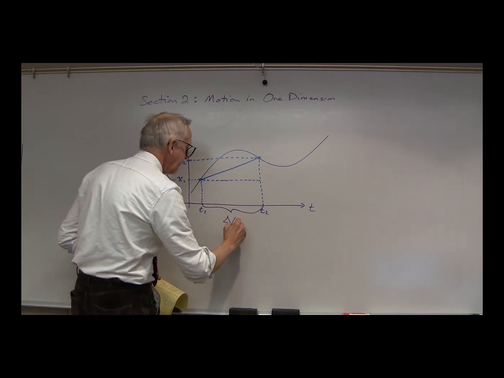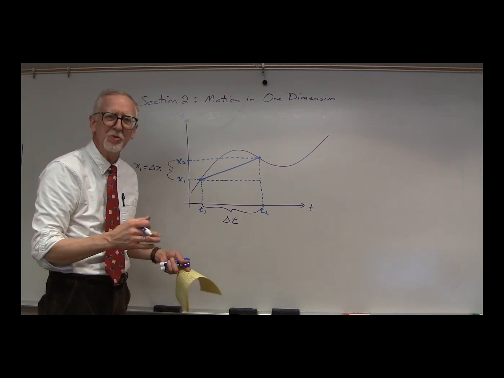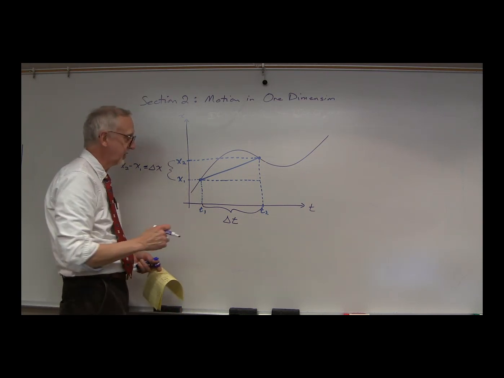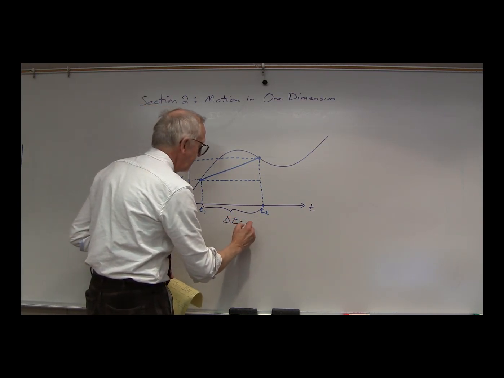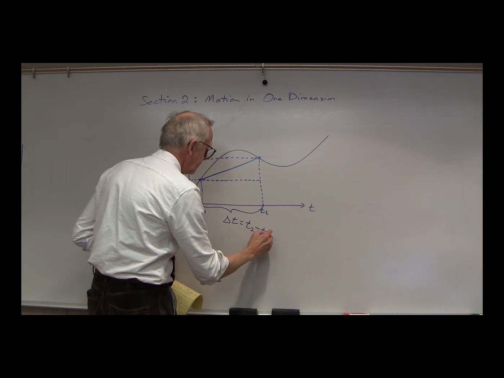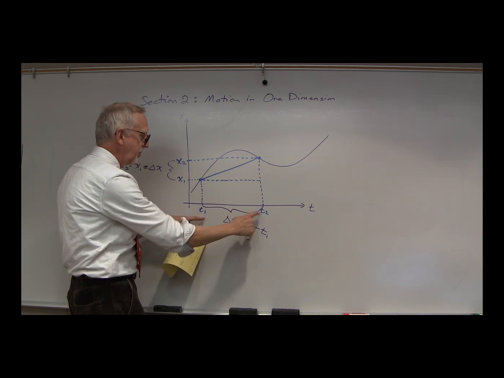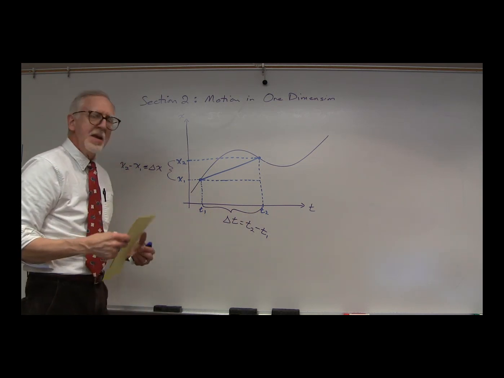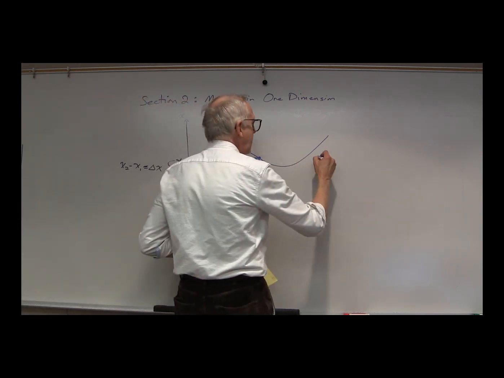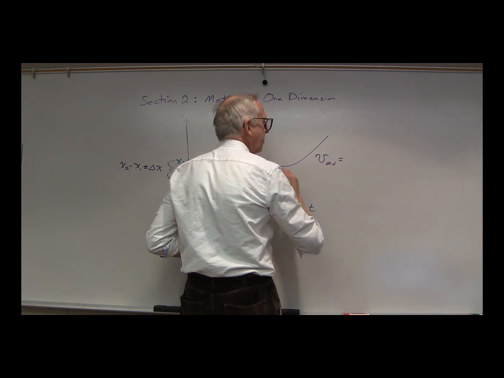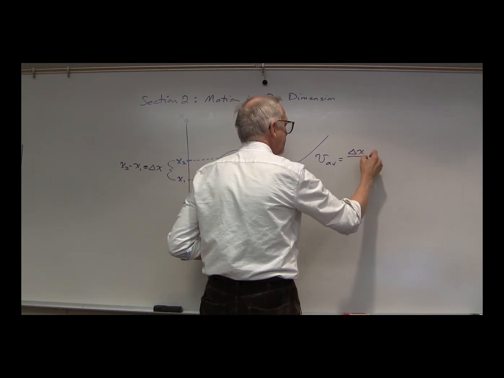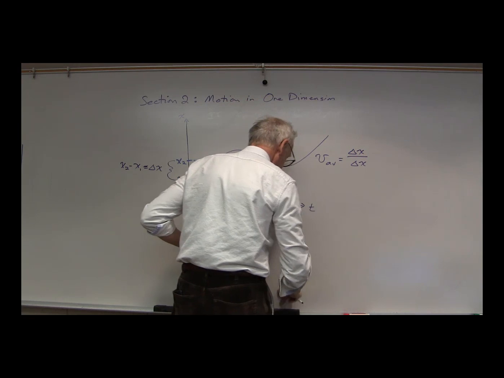That's delta t, not a physical distance really, a time distance. So delta t is t2 minus t1. Whatever this time is minus this time will give us the time in between. Now, what do we mean by the average velocity? What is v average? Well, v average we already wrote was delta x over delta t.